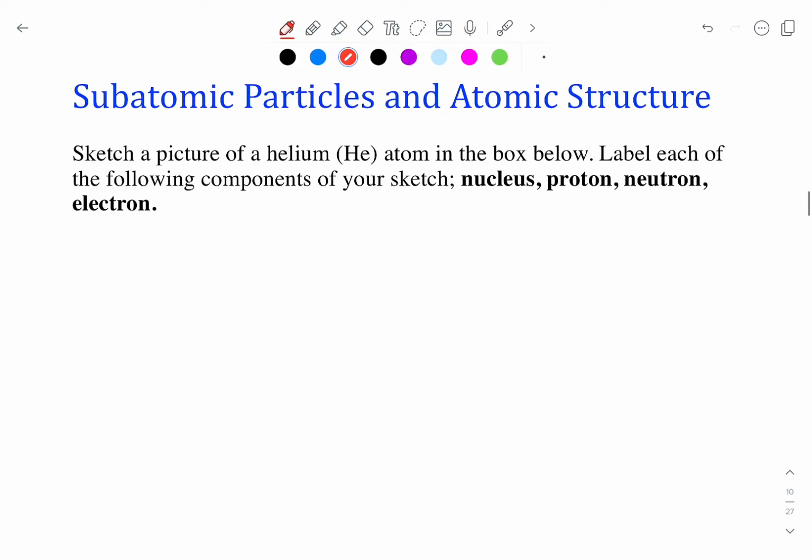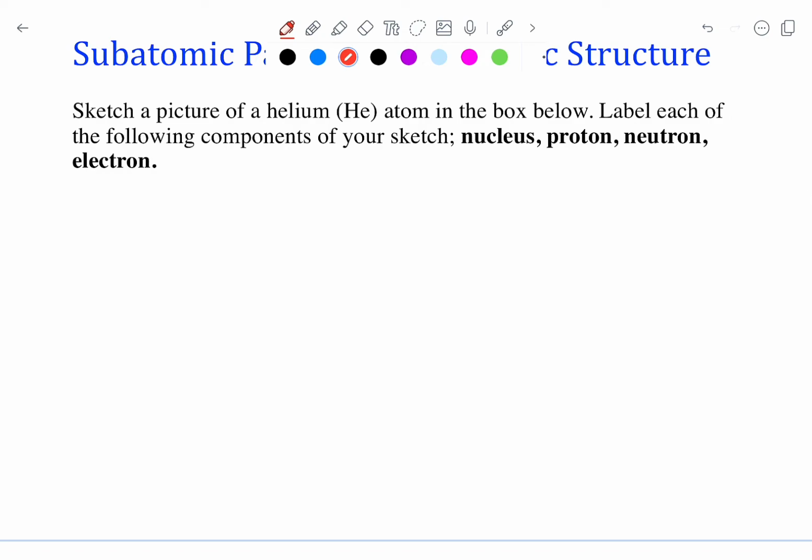Okay, so now that we know where things are in our atoms, let's sketch a picture of helium here on this slide. And we want to label each component of our sketch. We need to show a nucleus, protons, neutrons, and electrons.